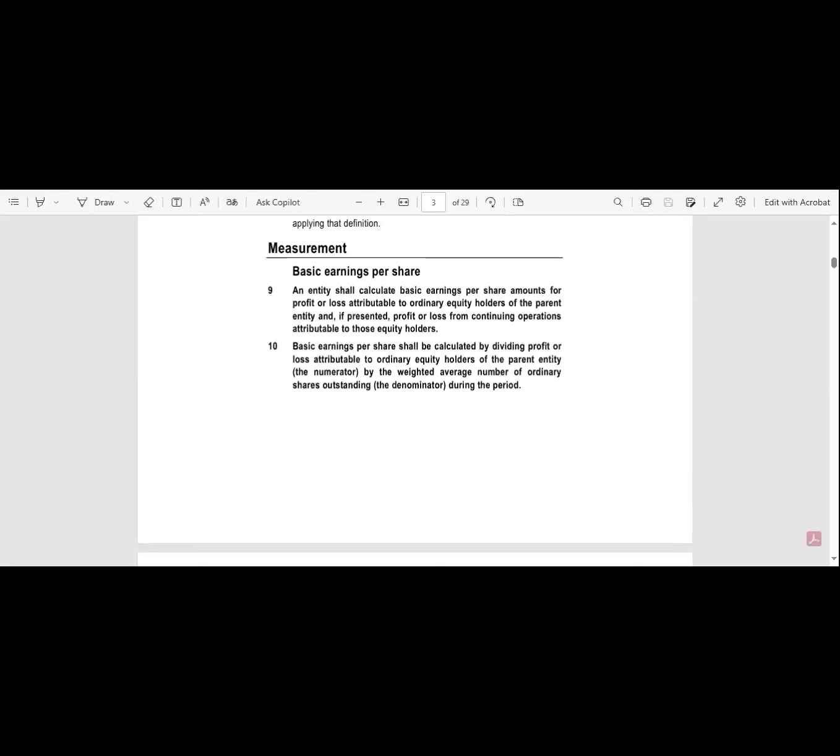Basic earning per share shall be calculated by dividing the profit or loss attributable to ordinary equity holders by the weighted average number of ordinary shares. So here the basic formula is given to us.